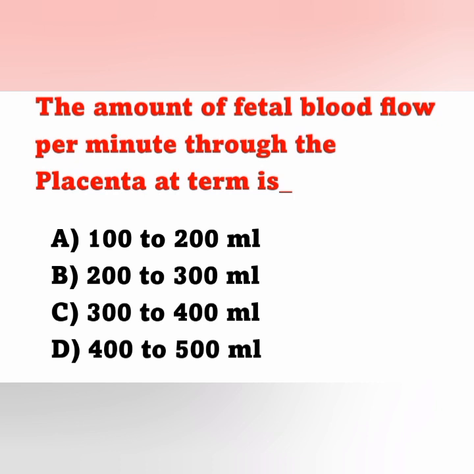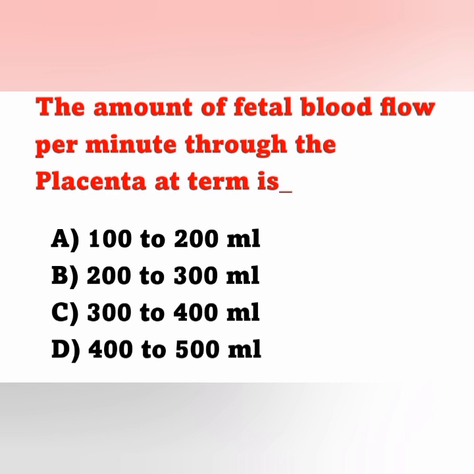The first question: the amount of fetal blood flow per minute through the placenta at term is? Options: A, 100 to 200 ml; B, 200 to 300 ml; C, 300 to 400 ml; and D, 400 to 500 ml.